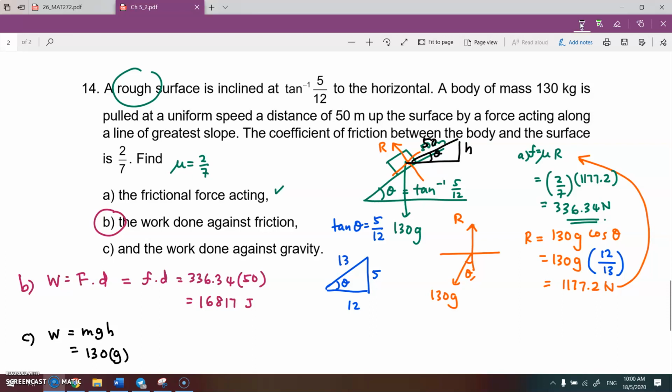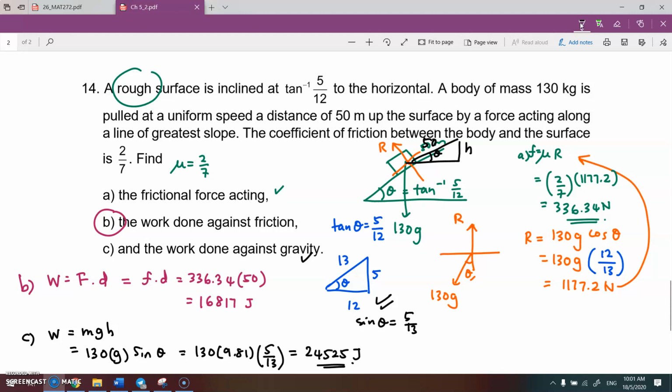So it is 130 times 9.81 times 50 times sin theta. Your sin theta is from this triangle, opposite over hypotenuse, so you substitute 5/13. So your answer would be 24525 joules. This is your final answer for C.